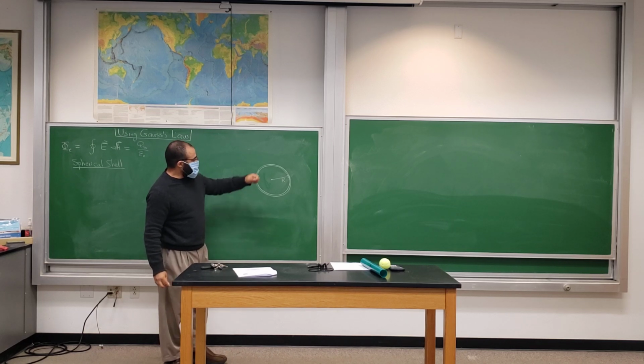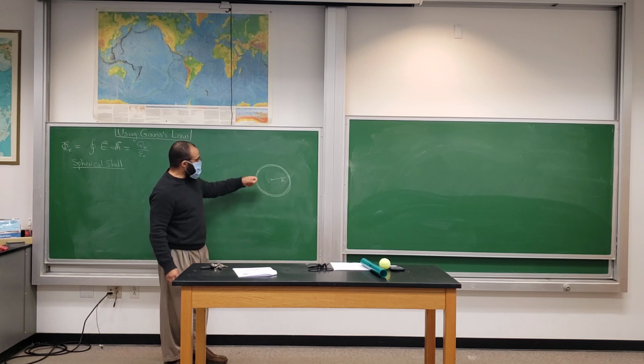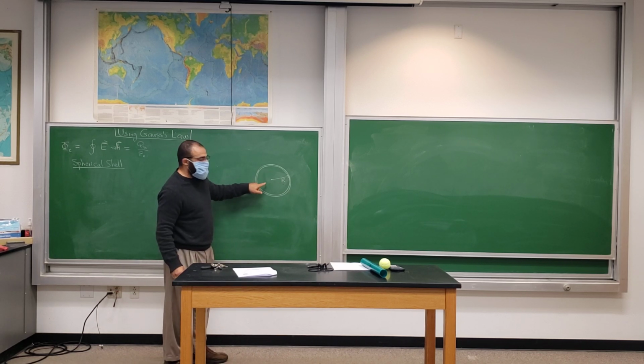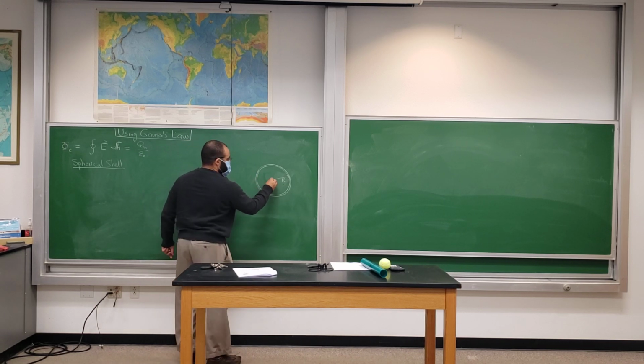Now the question is, what's the electric field outside, and what's the electric field inside? Outside means little r is greater than capital R. Inside means little r is less than capital R. So I'll start with the outside.